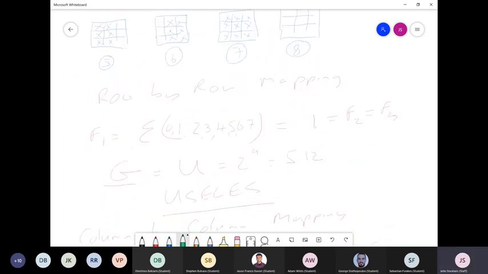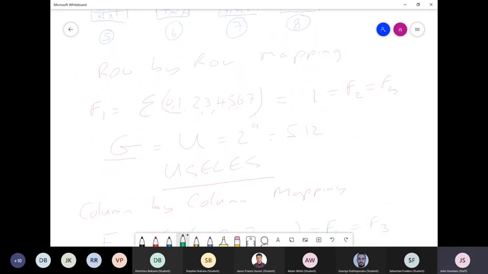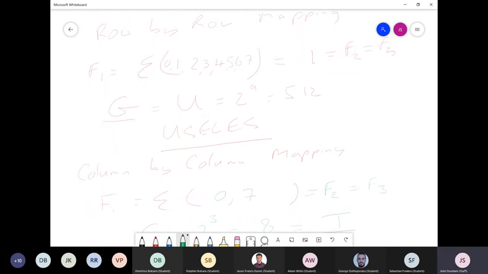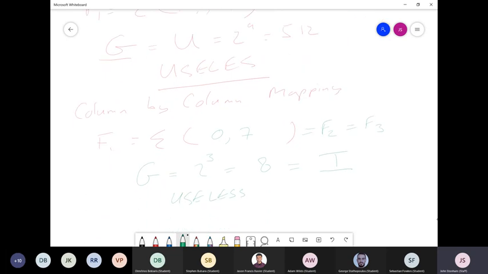So that is also useless, but the important point I want you to take on board is that by changing the mapping, we have gone from recognizing everything, which is no good, to recognizing just the training set, which is better than nothing, but it's just a memory action. There's no generalization, there's no intelligence there.